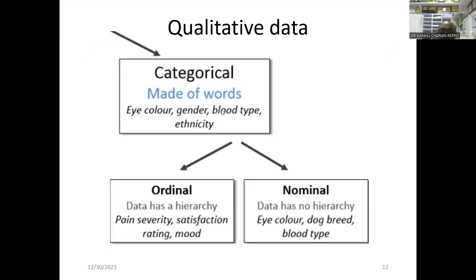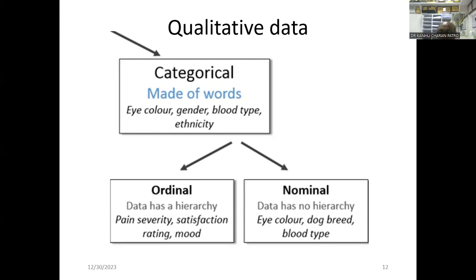So if you see categorical data, it is made up of words, not numbers, like eye color, gender, blood type, ethnicity. Ordinal, which is ordered, like severity: mild, moderate, severe. Nominal data has no hierarchy, meaning no grading or order.